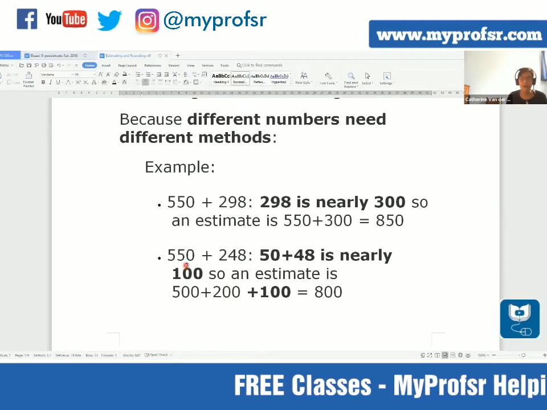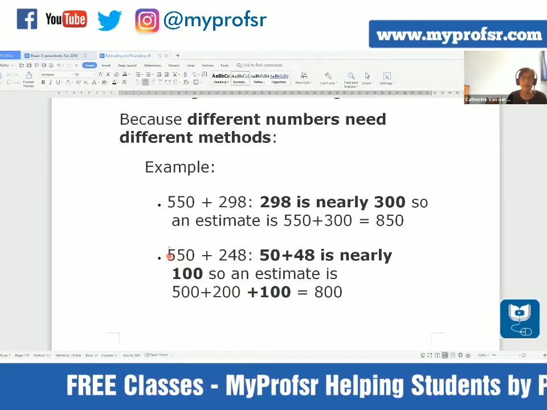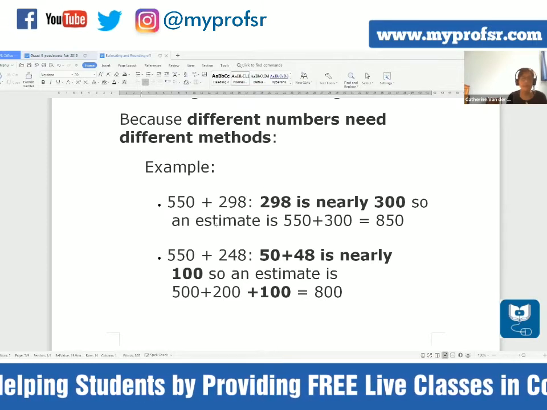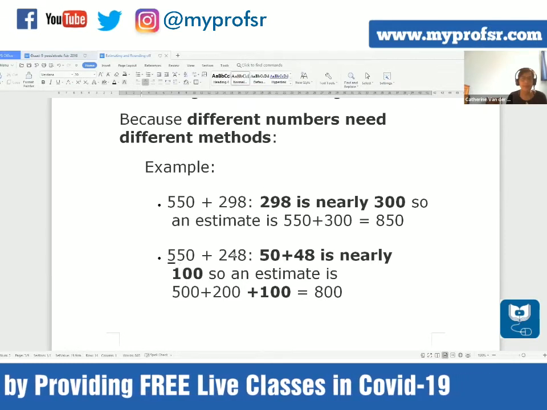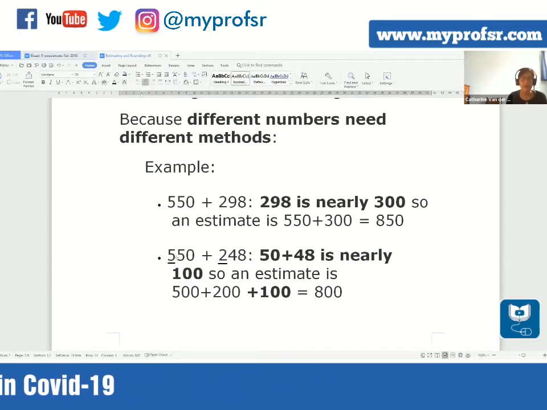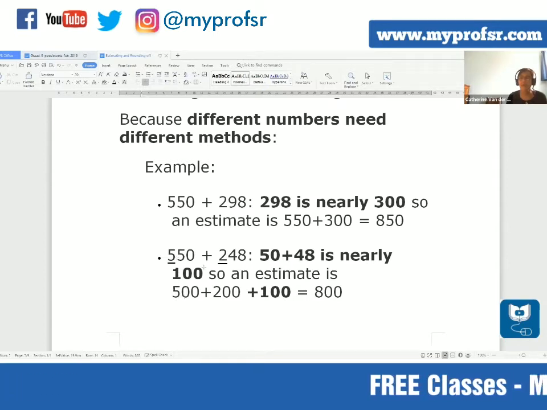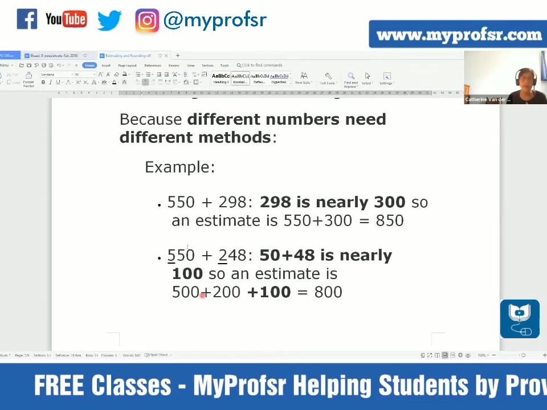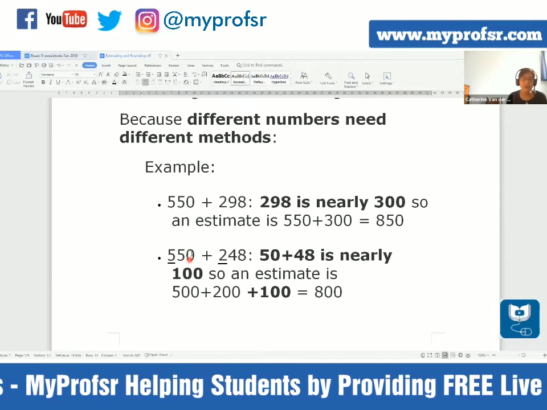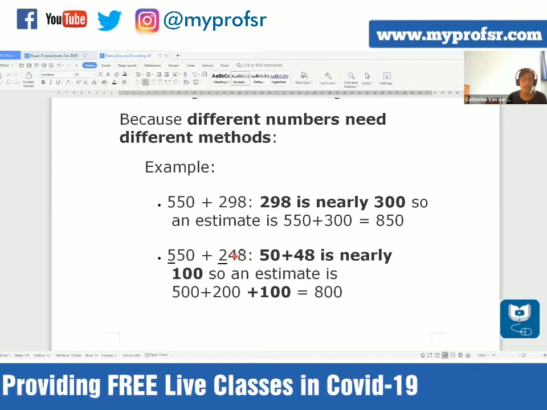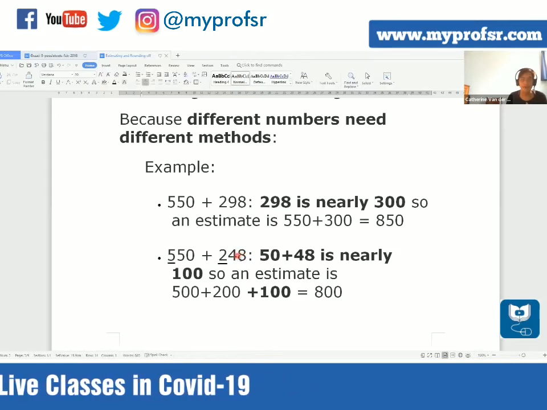And we can do it in another way. We can take the hundreds, the 2 and the 5, and we can add them together. That will give us 700. In other words, it's 500 plus 200, and then we can add the 50 and the 48. But this 48 is very close to 50.